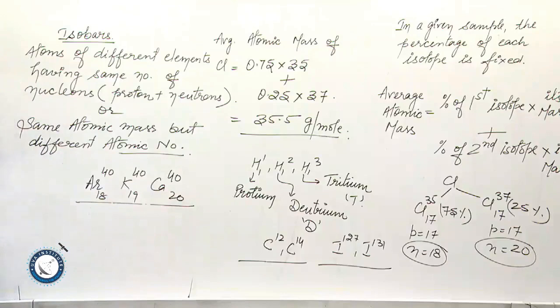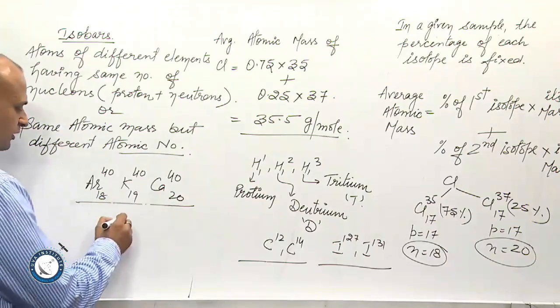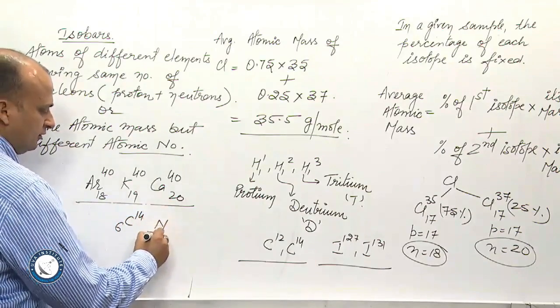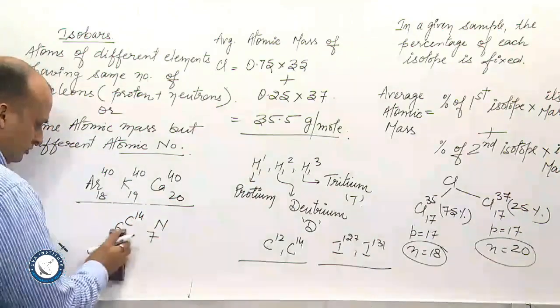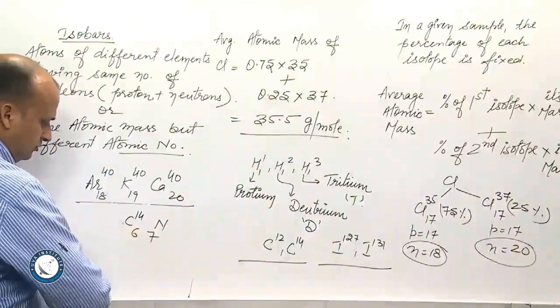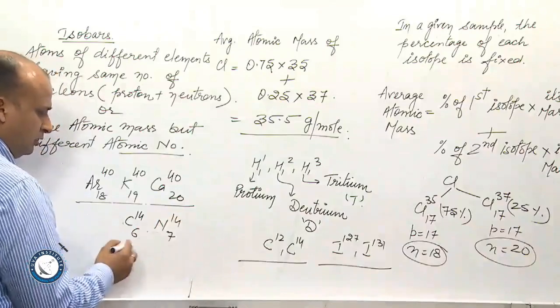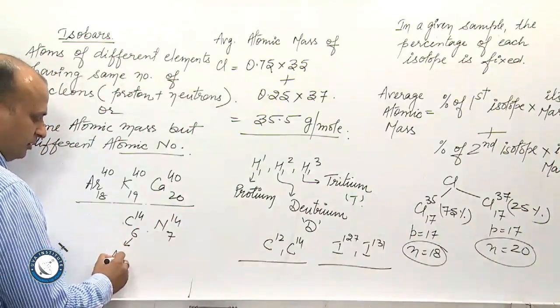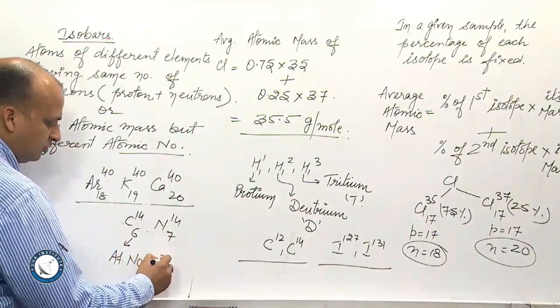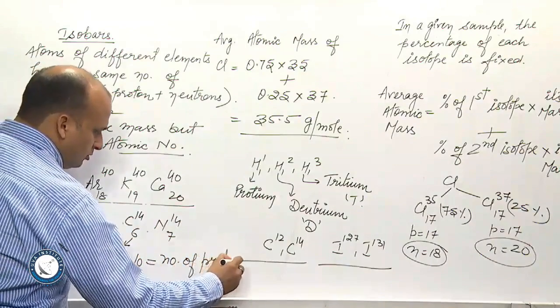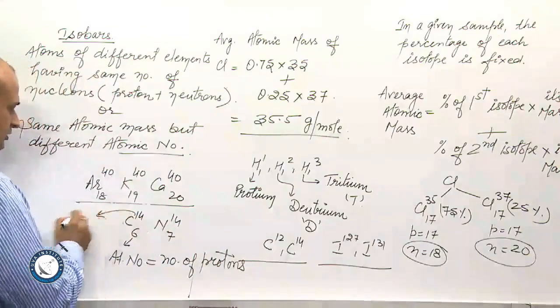Atomic number is different, but atomic mass is same. Or you can also have 6C14 and 7N14. The lower one is atomic number, which is equal to number of protons, and the upper one is atomic mass.